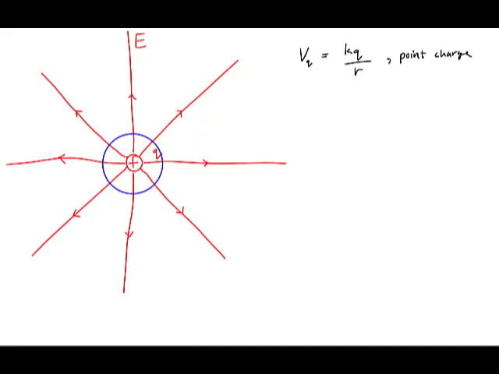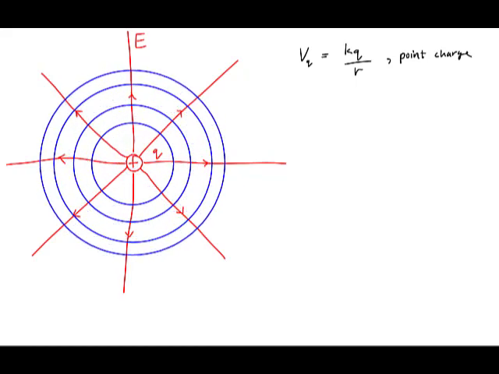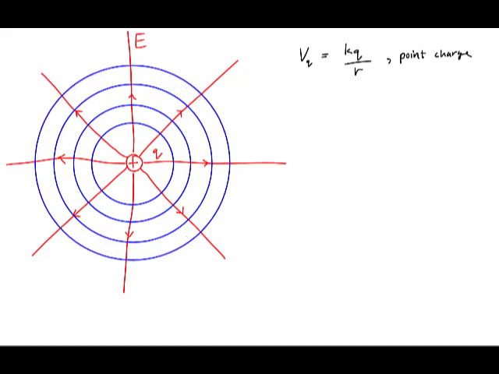The electric field of this point charge Q is able to give another charge in it a potential energy. This ability of this electric field to give another charge potential energy is what we call electric potential.